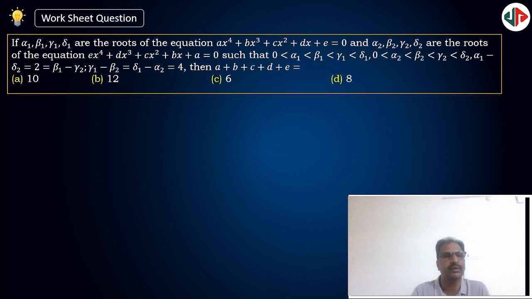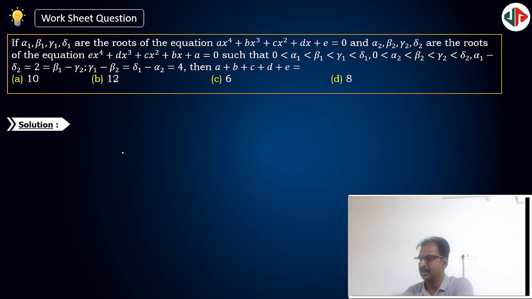Next question. Alpha 1, beta 1, gamma 1, delta 1 are the roots of the first equation, and alpha 2, beta 2, gamma 2, delta 2 are the roots of the second equation. If you look at the two given equations, each equation is the reciprocal of the other.